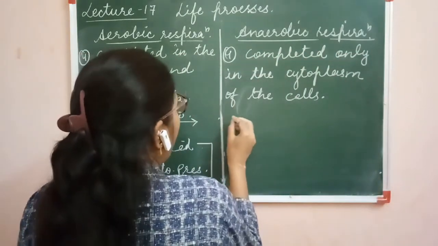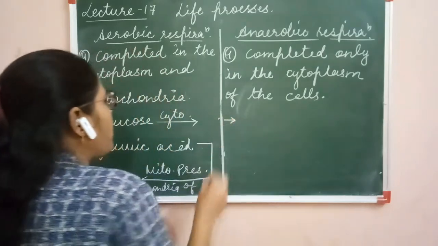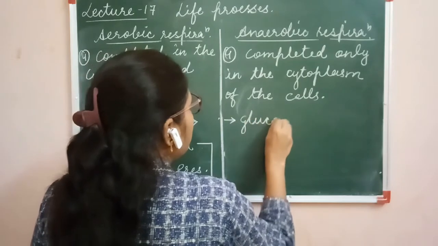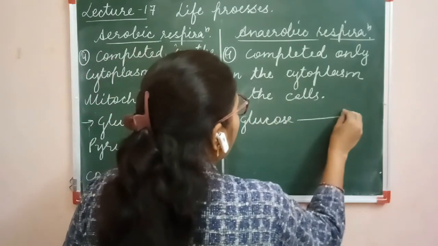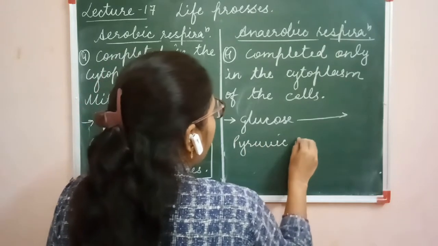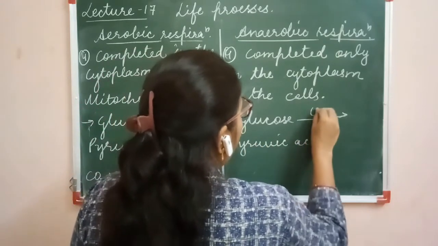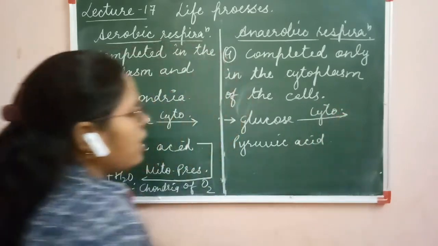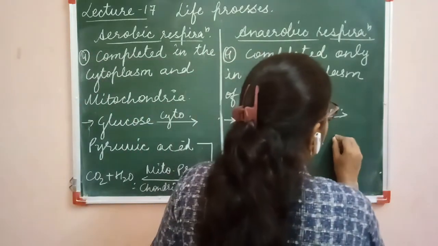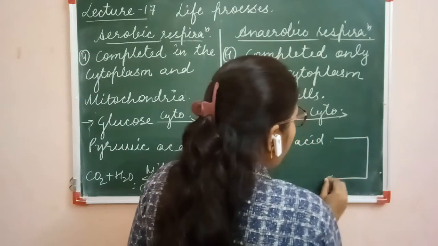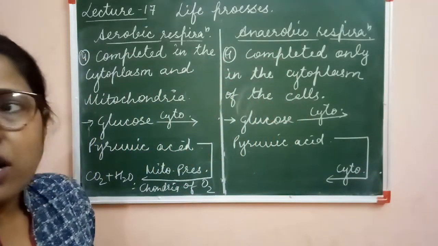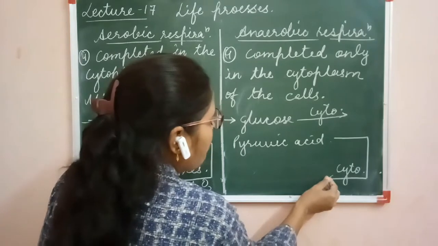Next, anaerobic respiration. The first step is the same, that is glucose breaks down into pyruvic acid. The process is completed in the cytoplasm of the cell, and if oxygen is not available, then this pyruvic acid again breaks down in the cytoplasm, and two types of products are formed.